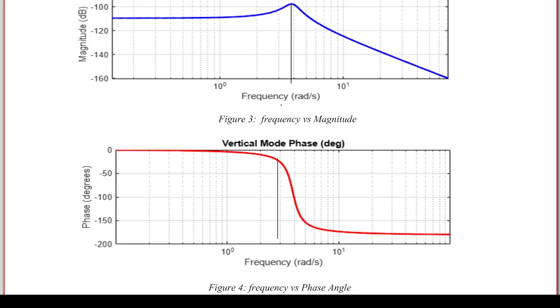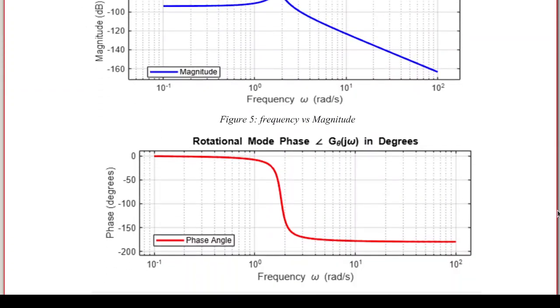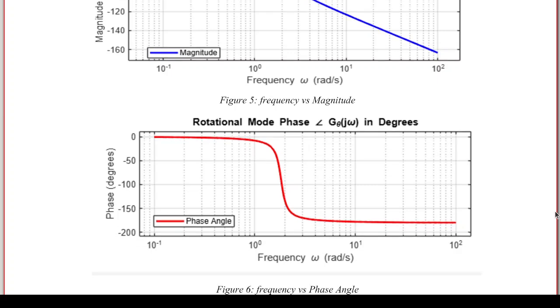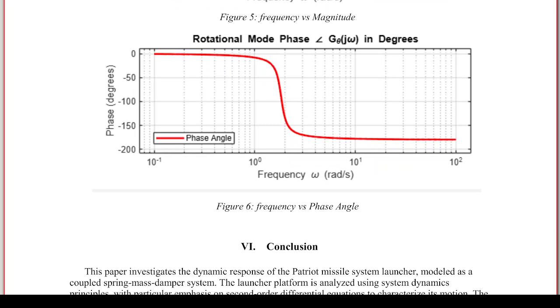The blue is the magnitude, and the red is our phase angle plot. We did the same thing for the rotational motion. For the slope, we have a slight difference, but nothing significant.